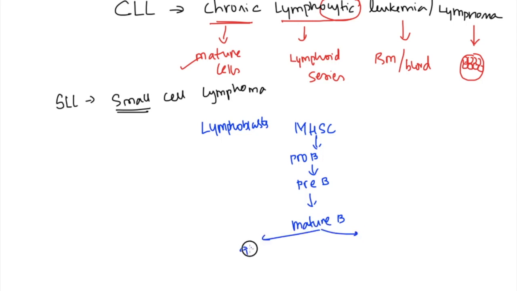Then 95% of them go to the germinal center of the lymph node and 5% will go to the mantle zone. Here they will mature to be either plasma cells or memory B cells. So this is what we had studied.